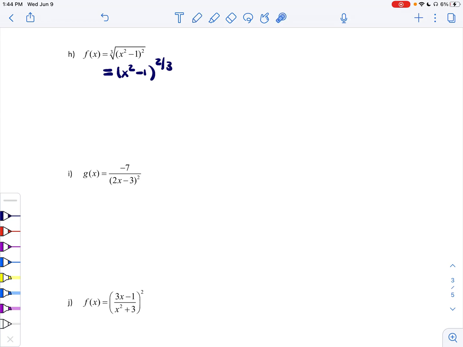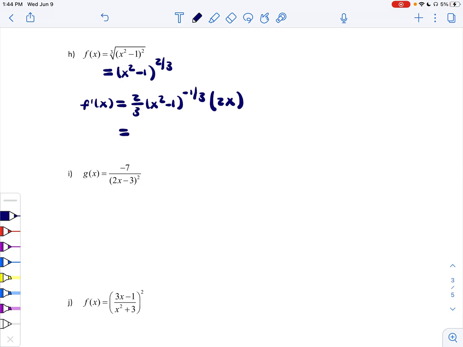Okay, so the 2/3 is our outside function, the x squared minus 1 is our inside function. So f prime of x, so first power rule, 2/3 comes down, and then subtract 1 from our exponent, so negative 1/3 would be our new power, and then times the derivative of the inside function, which is a 2x.